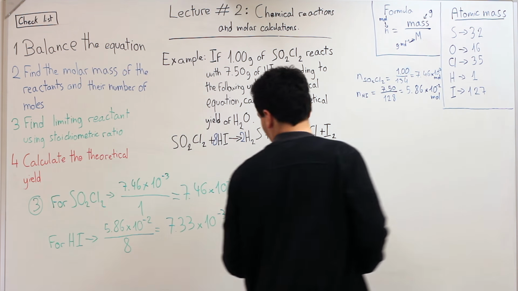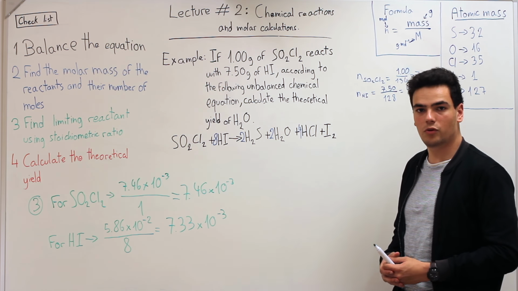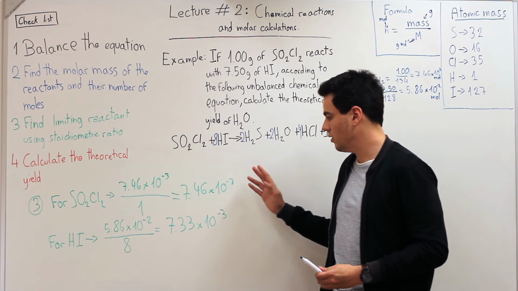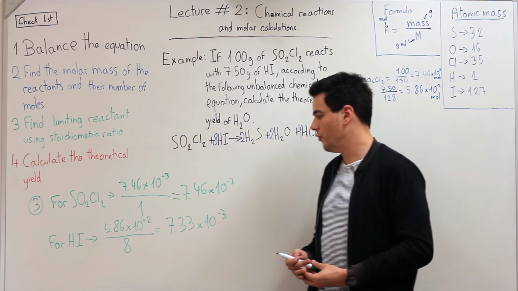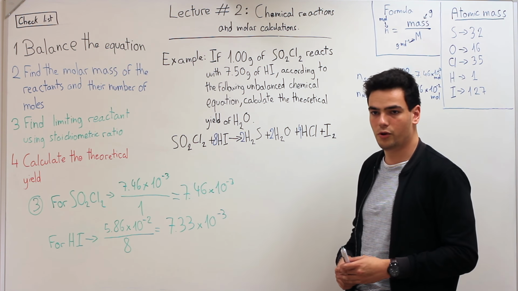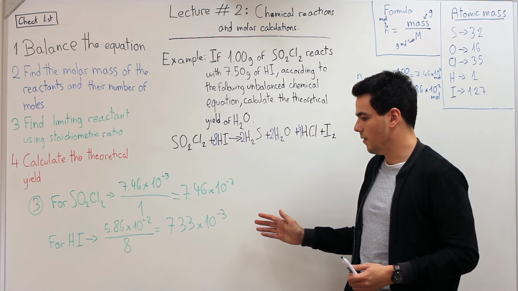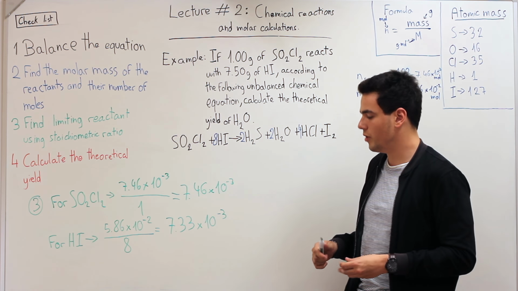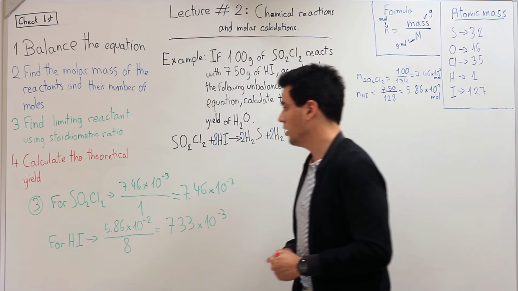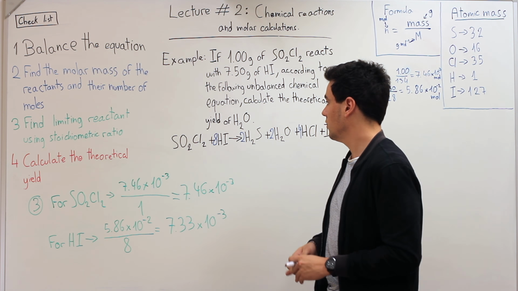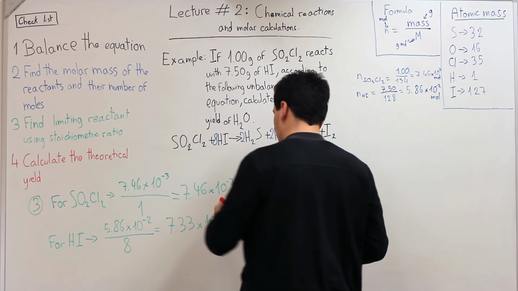Okay, so now that we have the amount consumed per molecule, we can tell that hydrogen iodide is the limiting reactant as it is the lowest value out of the two. So we're basically going to base our fourth question on this number. We're going to calculate the theoretical yield, in this case of H2O.